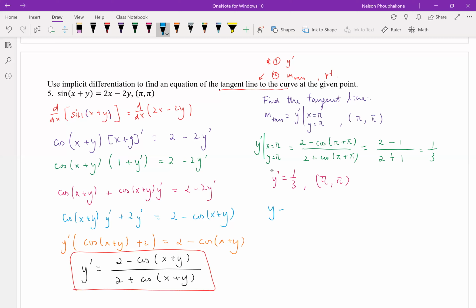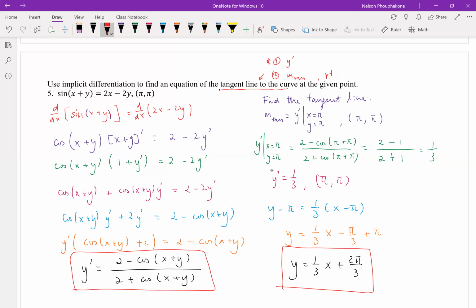Then I have y minus pi equal to 1/3 (x minus pi). I know that by now you should be able to find the tangent line. So this is my answer, this is the tangent line here.